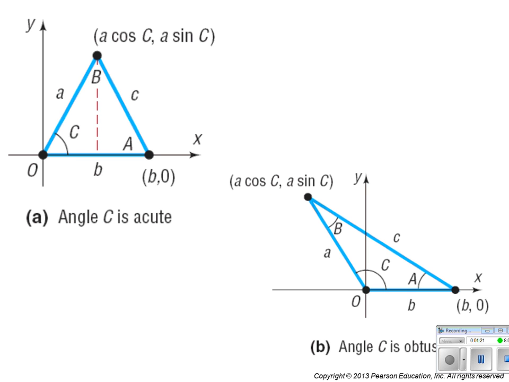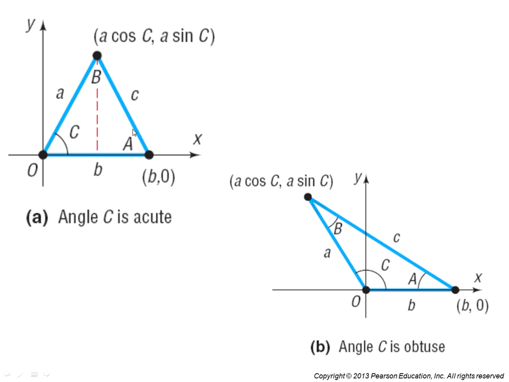Okay, so when we look at our first scenario, if we're looking at coordinate geometry, here's the origin, here's our point at the top. Up here, our x-coordinate is a cosine of c, because if we drop an altitude, it's a right triangle, we can use cosine.